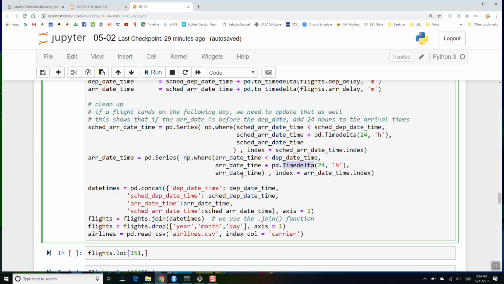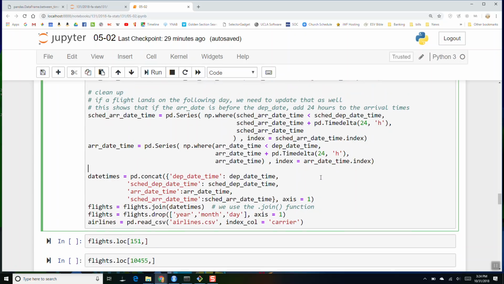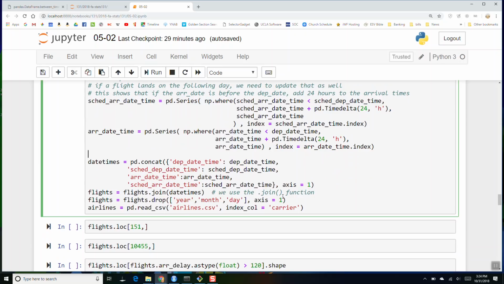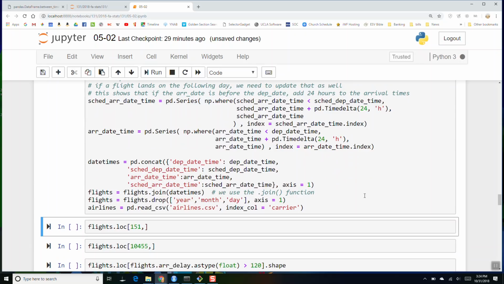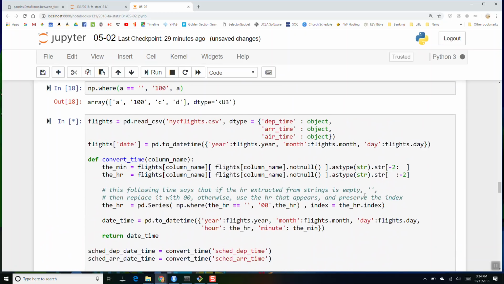Otherwise, just keep the current arrival date and time and preserve the index. All right, and then we join everything up, and that's what we did. It takes a little bit to run.